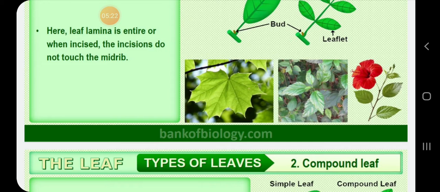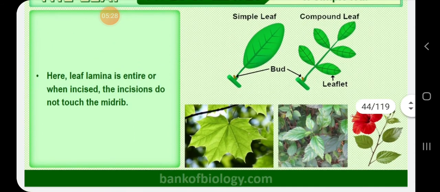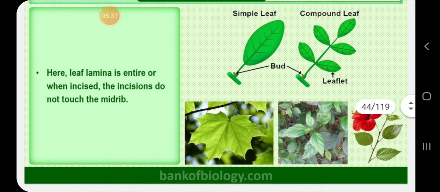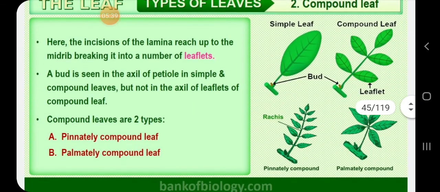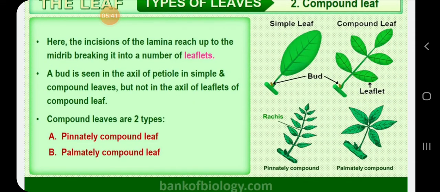But when these incisions divide and reach the midrib, they form small leaflets, for example curry leaves or neem leaves or babool leaves. There are so many examples. Compound leaves, here the incision of the lamina reaches up to the midrib, breaking it into a number of leaflets.